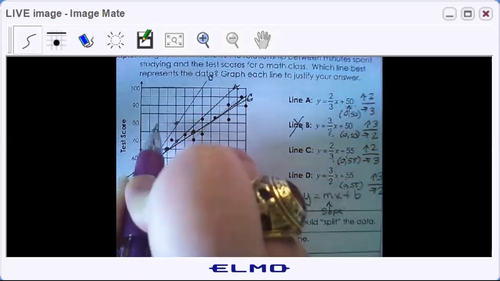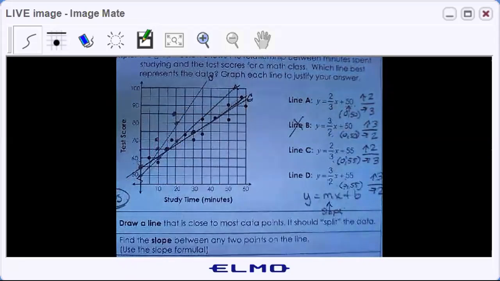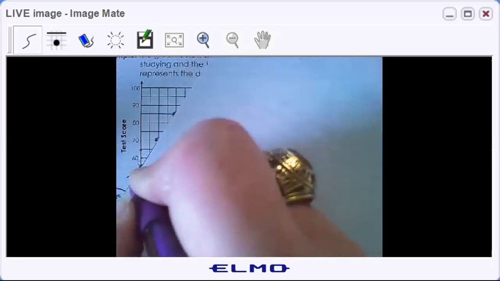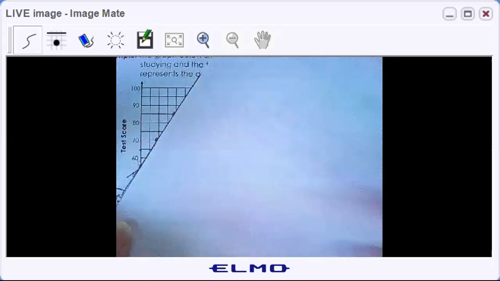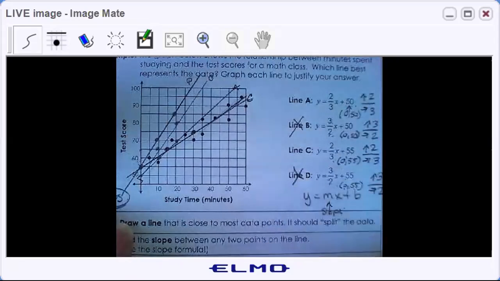Up 3 and right 2. Well, once I get my line drawn, that is seriously far away from where I want to be, isn't it? That's definitely not going to work.